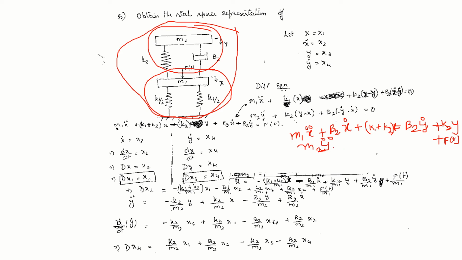Okay, m2 y double dot plus b2 y dot plus k2 y is equal to b2 x dot plus k2 x. Okay, like this.